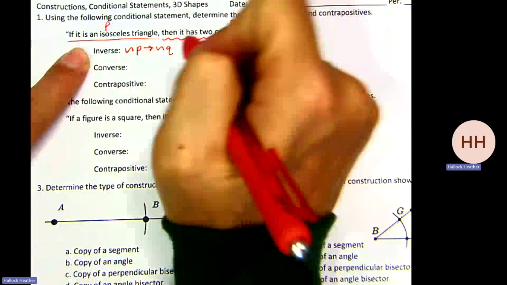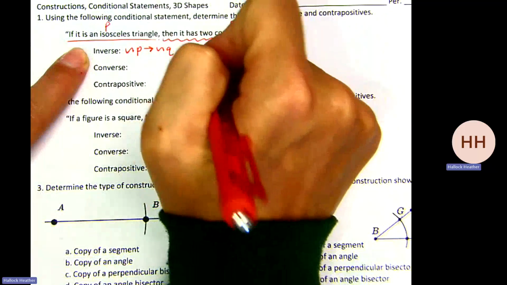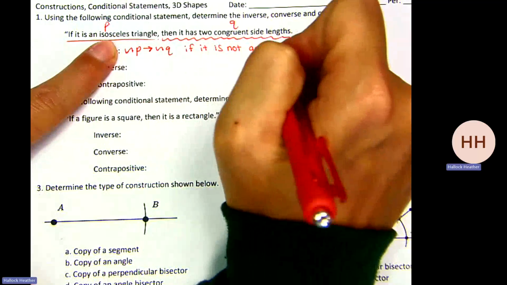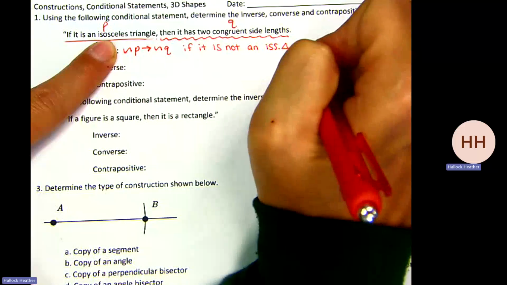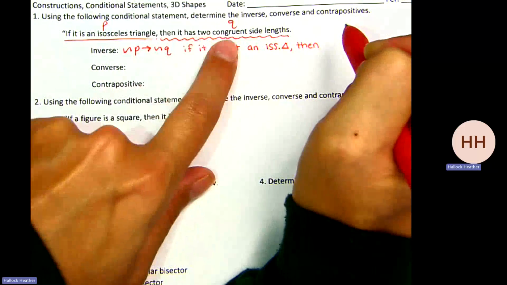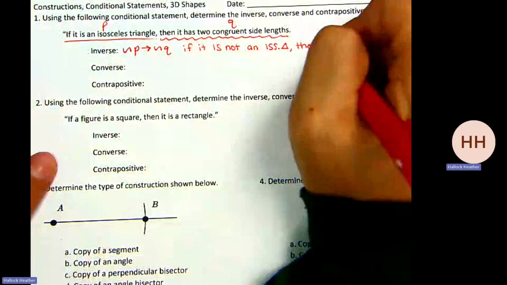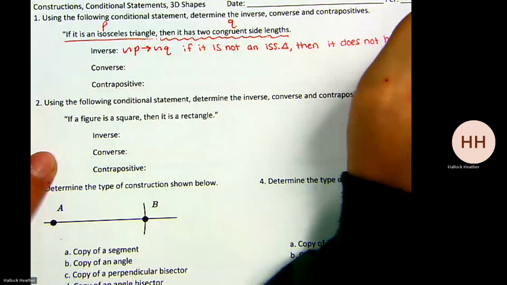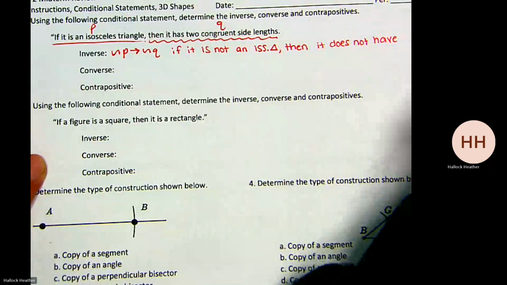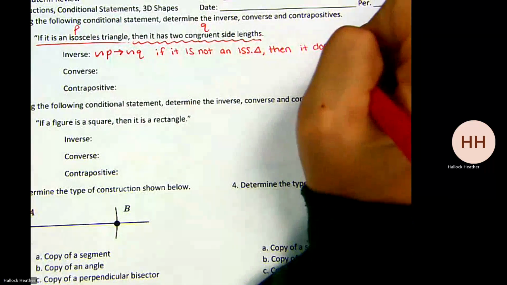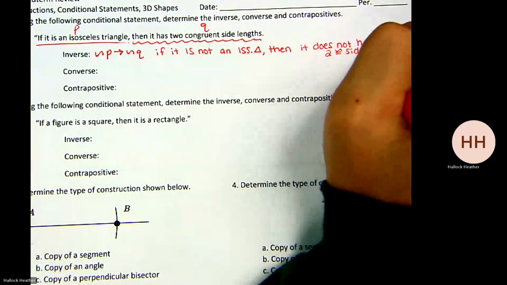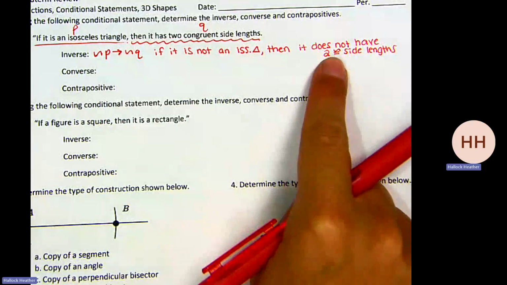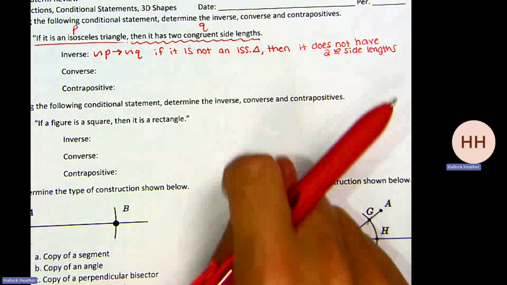So I'm going to say something along the lines of, if it is not an isosceles triangle, and I'm going to shorthand this a little bit, then it does not have two congruent side lengths. And instead of writing out congruent, I use the congruency symbol. So that would be something along the statement that they would use.